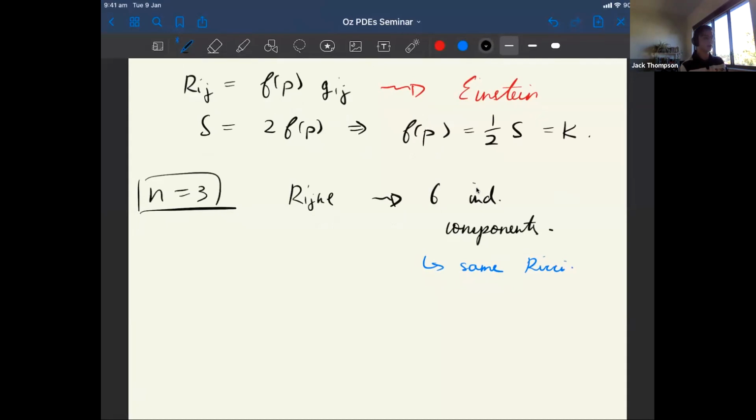For me, when I was working through this, I could believe it because they have the same number of independent components, but just because they have the same number of independent components, it didn't seem obvious to me that the Ricci would then determine the Riemannian. But in fact, you can check that this is true.